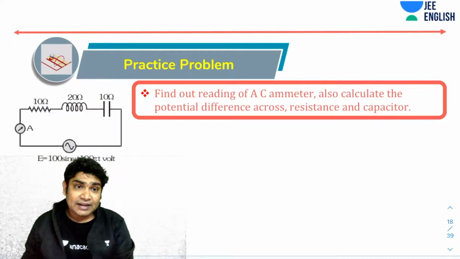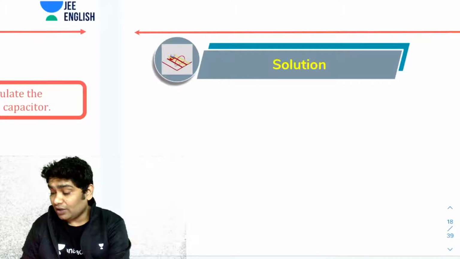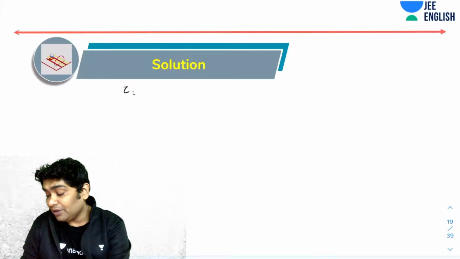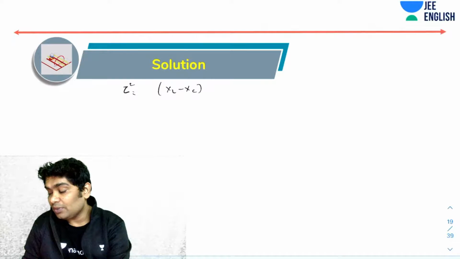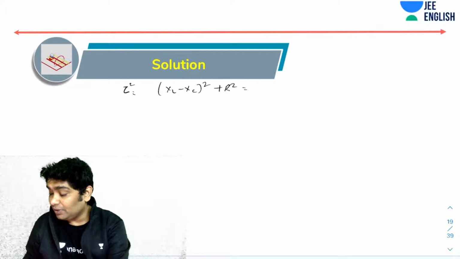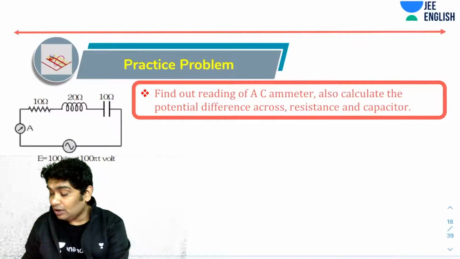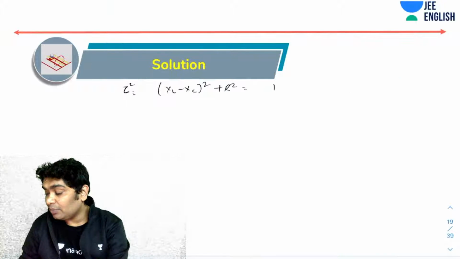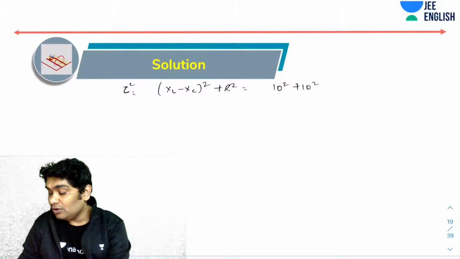So let's find the impedance of the circuit first. Okay, so impedance of the circuit obviously, Z square would be XL minus XC whole square plus R square. So that would be 20 minus 10 and a 10. So I have 10 square plus 10 square. So I know Z will come out to be 10 root 2.